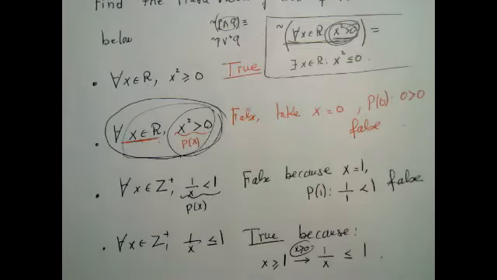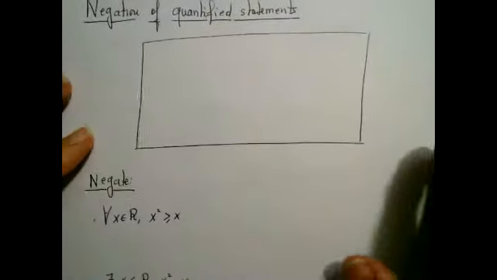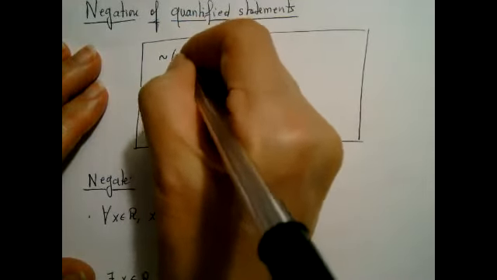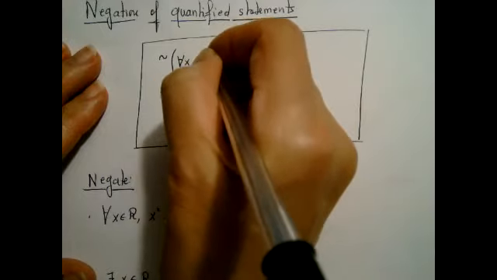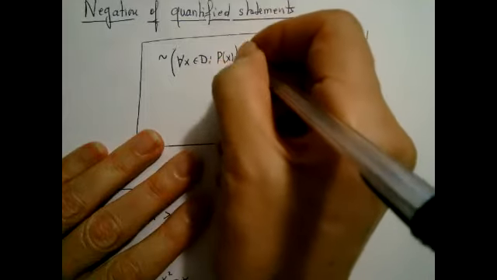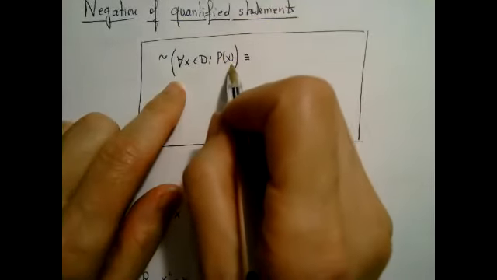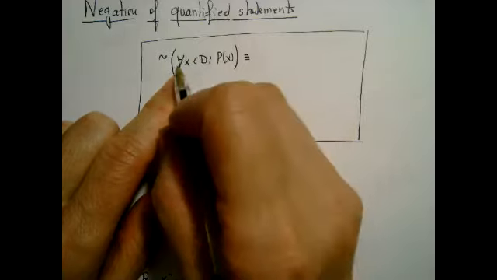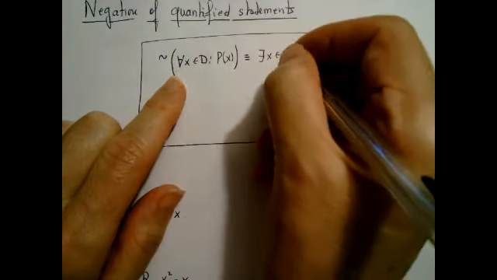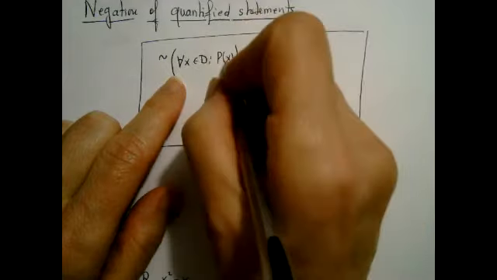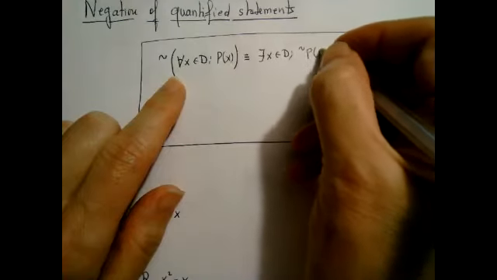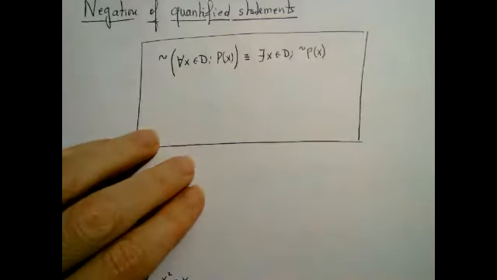So let us write them down. What is the negation? You have a quantified statement: for all x in D, P of x. The negation should reflect how this can be false. It's false if we can find x in D such that P of x is false. P of x is false, it means the negation is true.